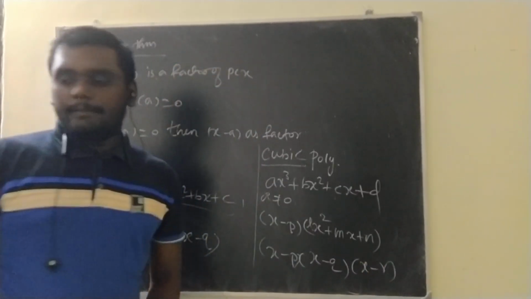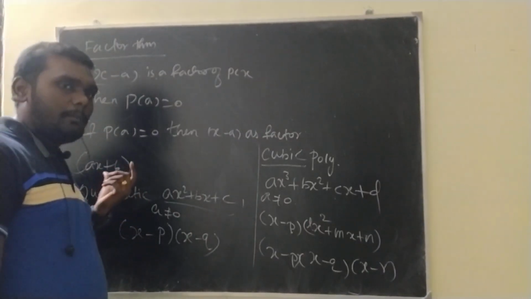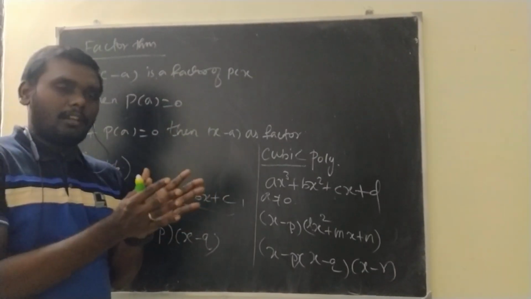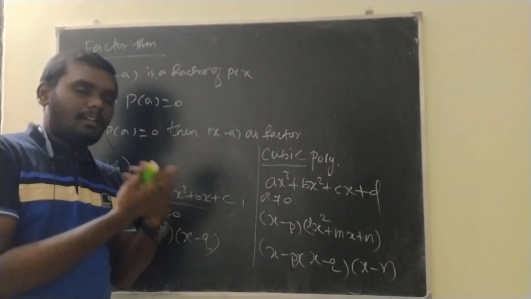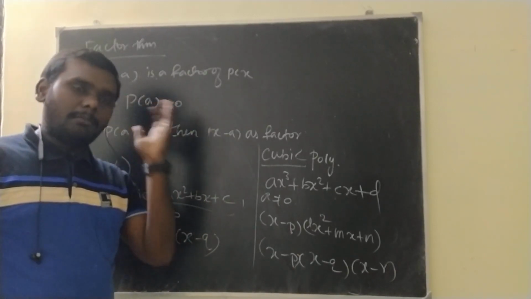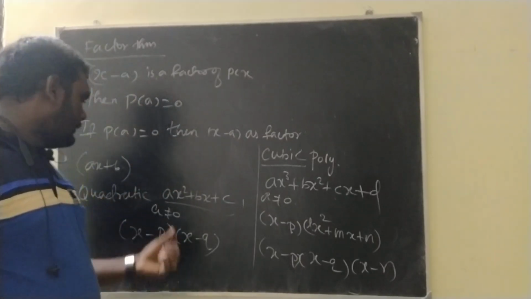Is that quite confusing, right? I will tell you once again. Linear polynomial has only one expression, in which we can take the constant out. We can't find any factors in the form of x minus a, as said in the factor theorem.